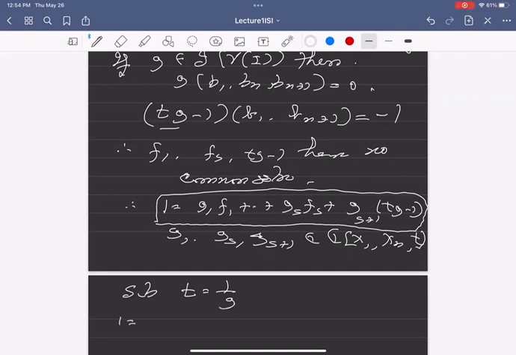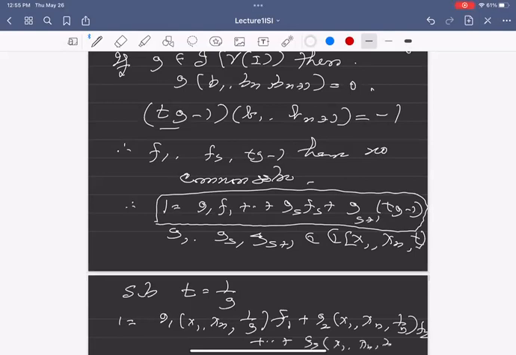So that means 1 equals g1 of x1 up to xn, and there can be a t in that. So I put t equal to 1 over g. F1 doesn't have a t in it, so F1 remains the same. Plus g2 of x1 up to xn, 1 over g, F2. And so on, plus gs of x1 up to xn, 1 over g, Fs.